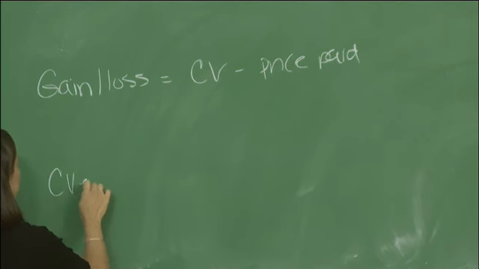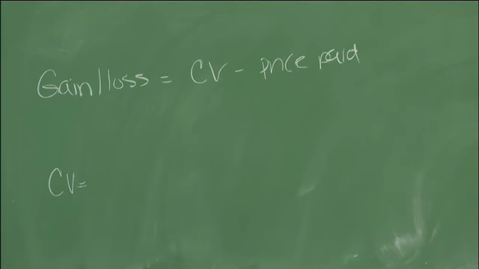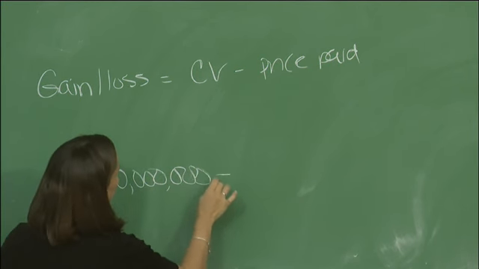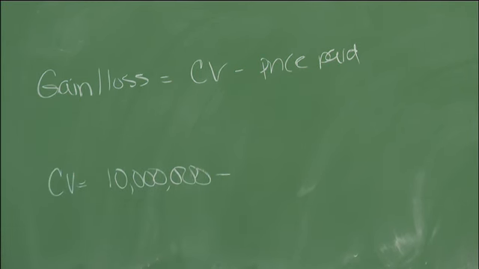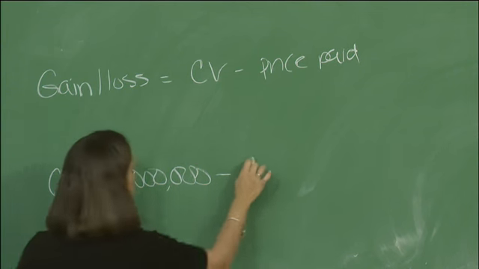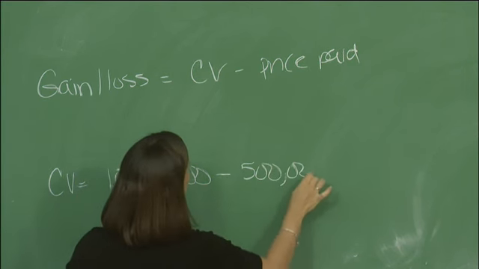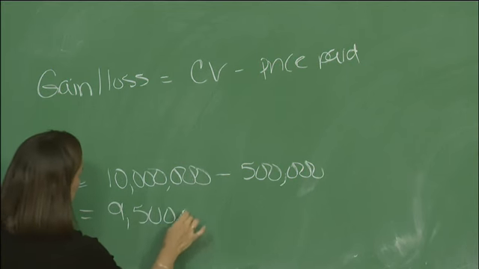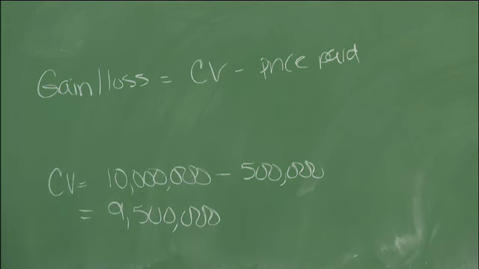So here we first have to calculate what the carrying value is. This bond is a discount. It has a $500,000 unamortized discount. So the carrying value is that maturity value of $10 million minus the unamortized discount, which the problem tells you is $500,000. So the carrying value here is $9,500,000.